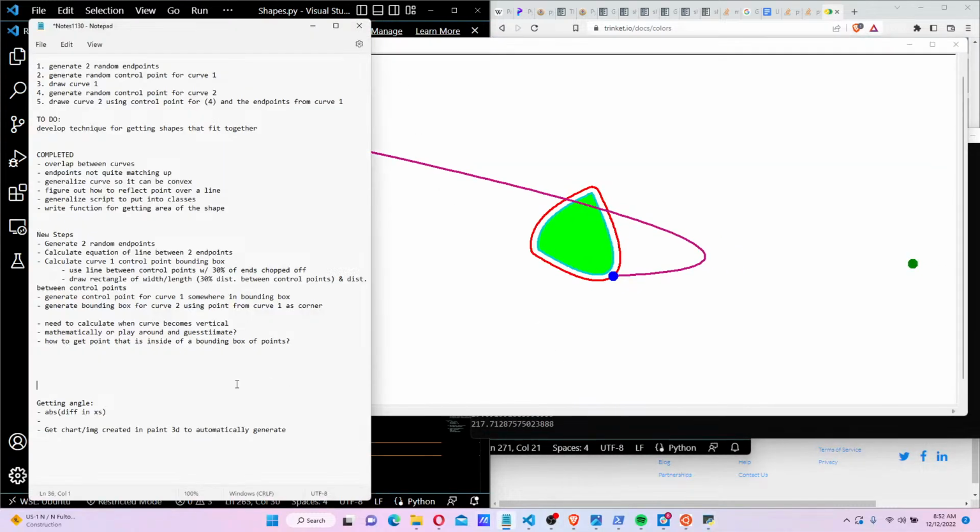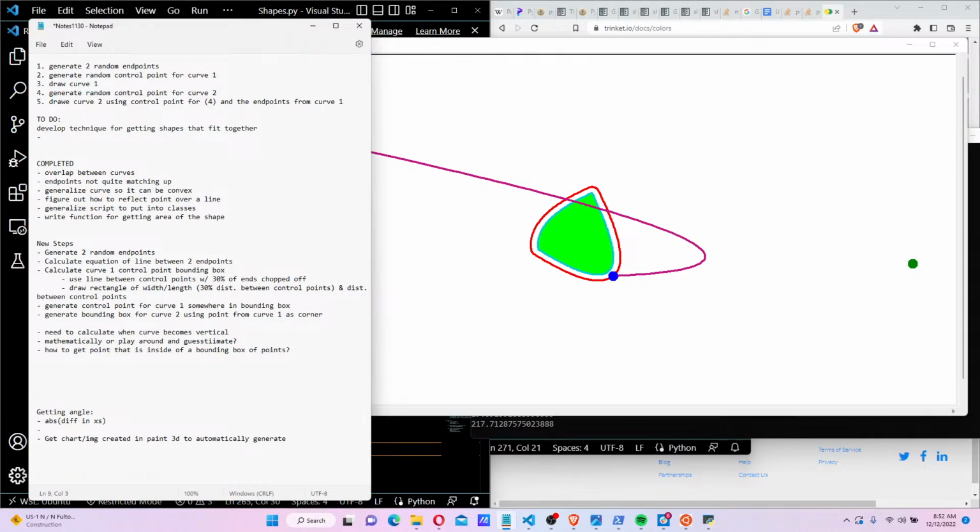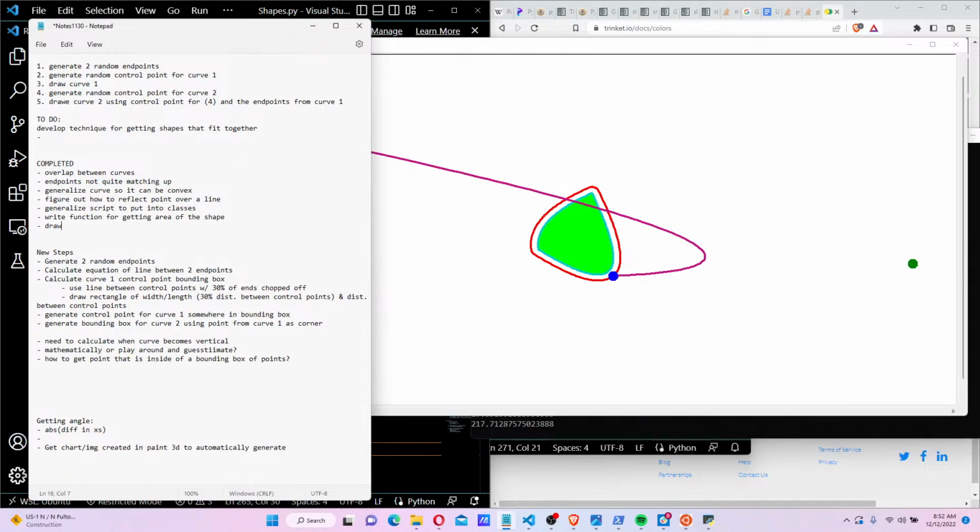So go to notes. Still need to develop the technique for fitting shapes together. Now when completed, I can do draw buffer around single shape. And now I've, oh, well that's completed.